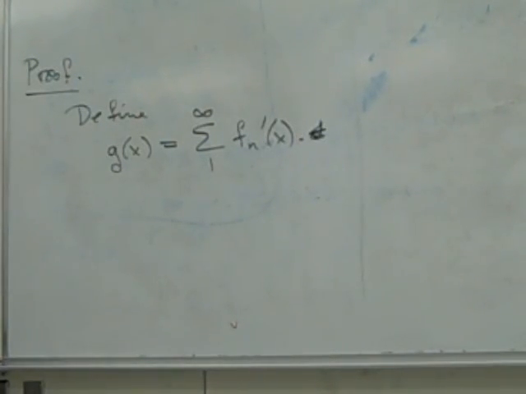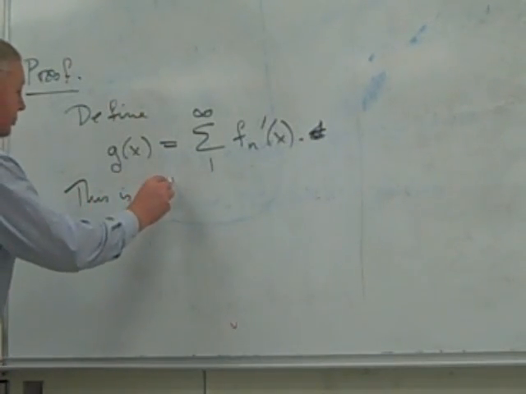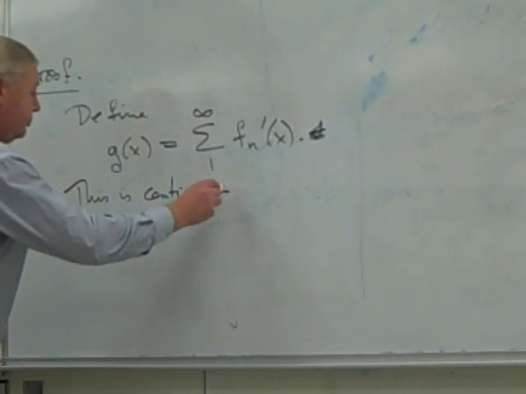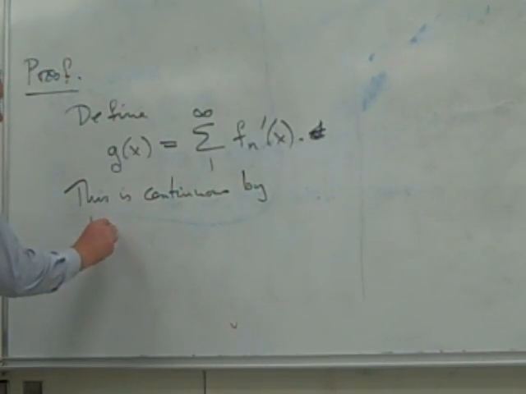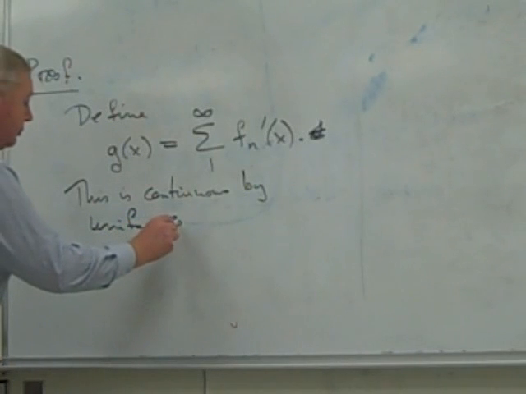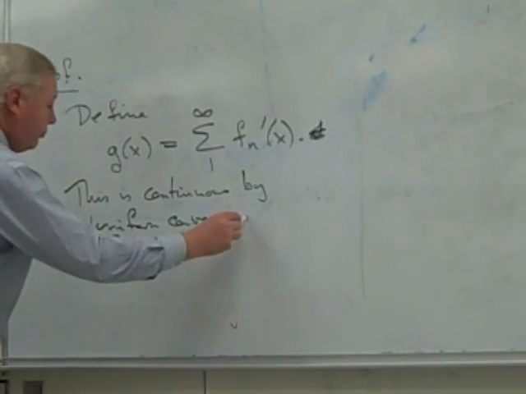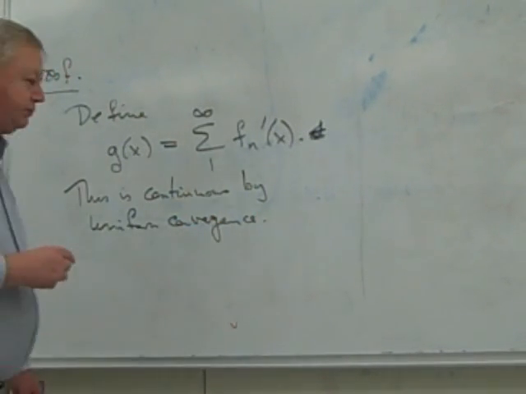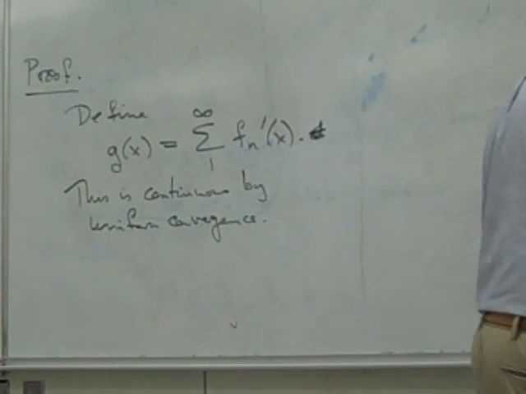Since the series converges uniformly, that means that the limit is continuous also. So that means that on the interval a to b, we can integrate.